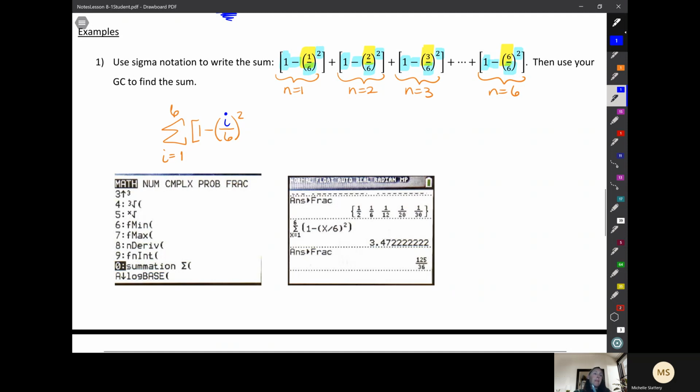And on the math key, you're going to arrow all the way down to option number 0, which is after the 9. It's like all the way down. So you're just pressing the math key. The math key is the third one down on the left side underneath the alpha key on your calculator.